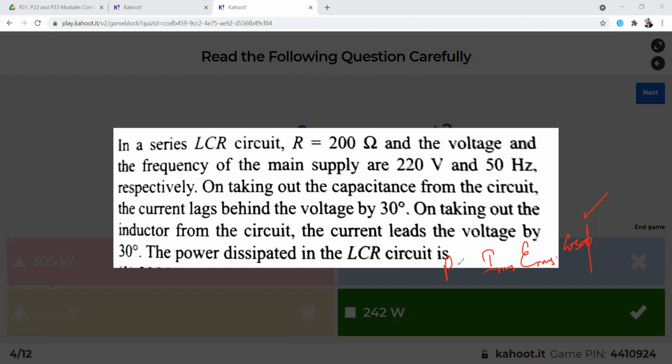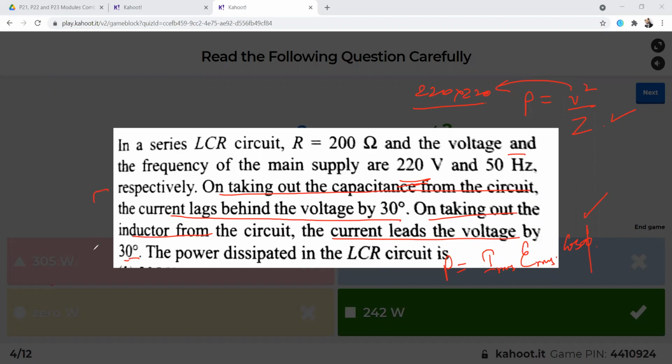Right, so this is the expression of power, or we can use V squared, because we have V, no need to find I again. So V squared by Z we can find. Here V is 220, so 220 into 220 by Z. If we observe the voltage and frequency, on taking out the capacitance from the circuit, current lags behind the voltage by 30°, and on taking out the inductor, current leads the voltage by 30°.